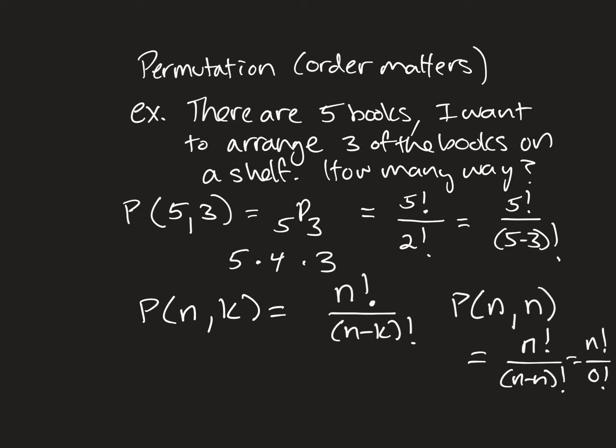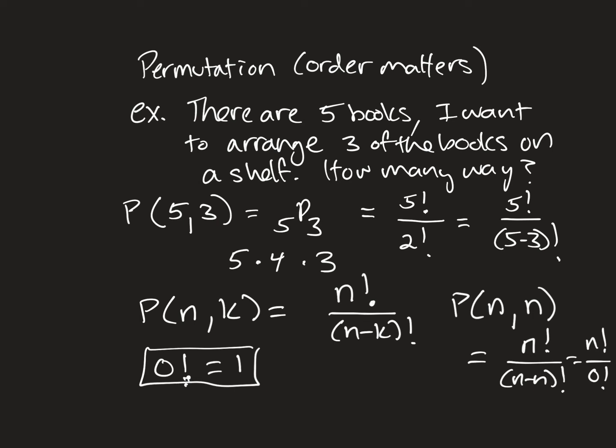We know that arranging all N of them is just N factorial, so by definition, in order to make these permutations work out, 0 factorial actually equals 1. That may be helpful to know, or else this formula would never make sense. Okay, that is a permutation.